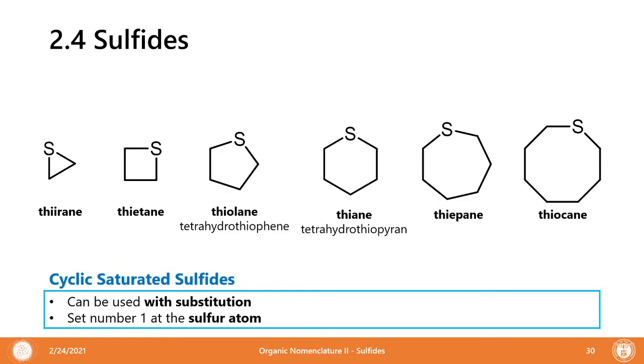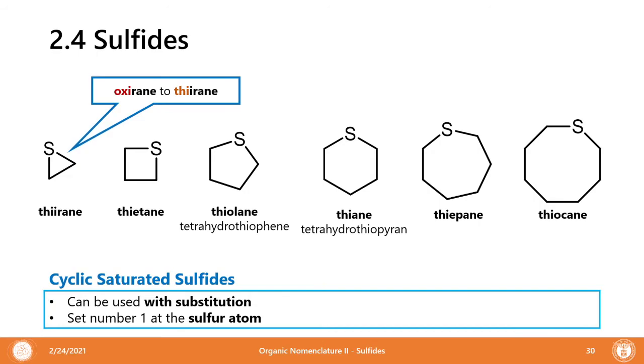And if you go back to the cyclic ethers, you'll notice a pattern: they only differ in their names from the prefix. Instead of using oxy, they're using thi. So that just distinguishes these saturated sulfides from saturated ethers.